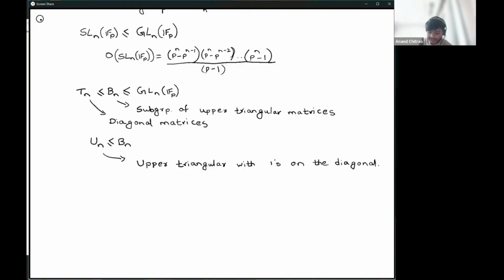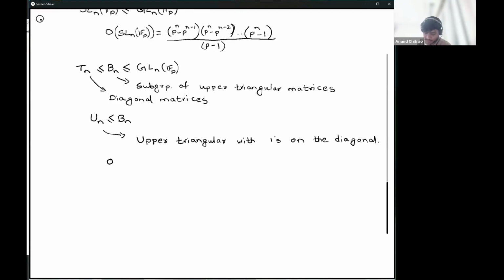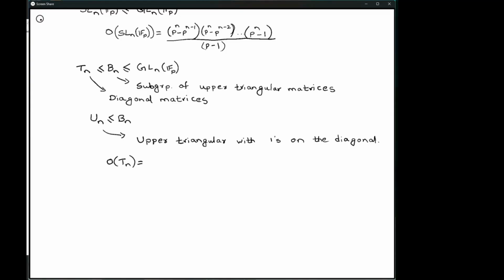What's the order of Tn? How many diagonal entries are there which you have to fill? n.